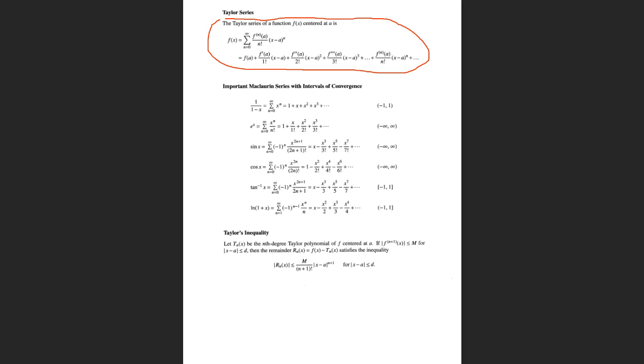If we want the fourth degree Taylor series, of course, we're only going to use the first four terms of the sum formula. But when we find those coefficients, there's something we need.